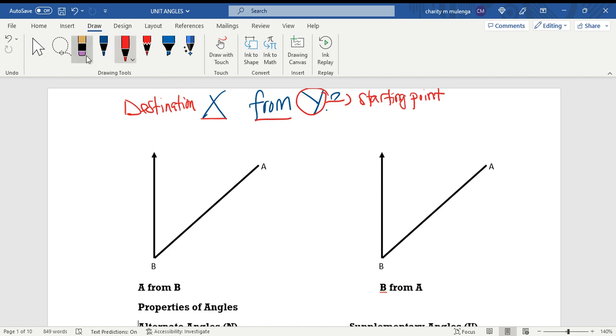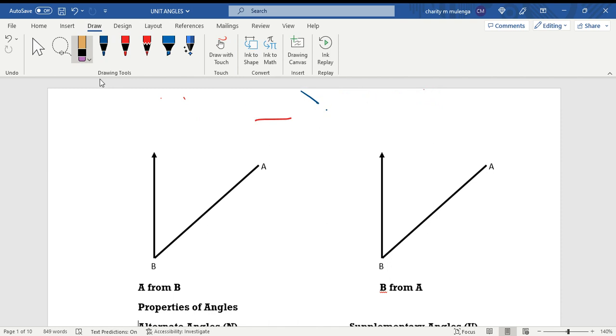With that said, let us learn how to rotate clockwise. Learning how to rotate, how to identify the destination and rotation point is very essential with this topic.